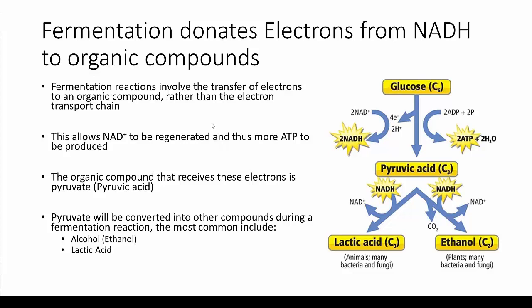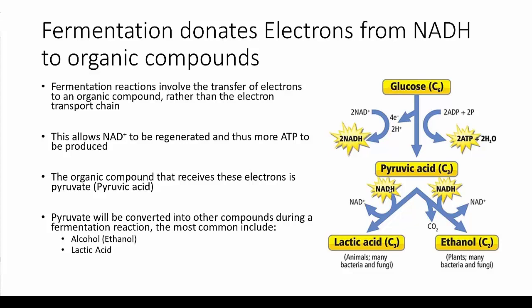So as it says here, fermentation donates electrons from NADH to organic compounds. So for example, when we produce pyruvic acid or pyruvate in glycolysis, the pyruvate itself, pyruvic acid, can actually serve as a dumping ground for the excess electrons and protons from our NADH.